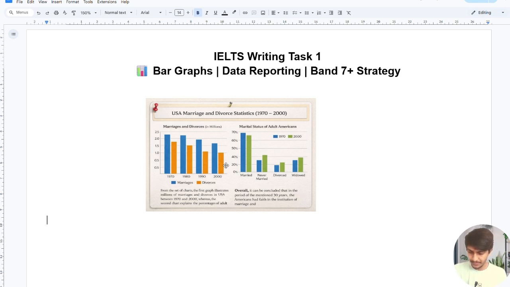Now relax and listen carefully and imagine this is a real classroom. First we start with the introduction. Keep pen and paper for writing the introduction.